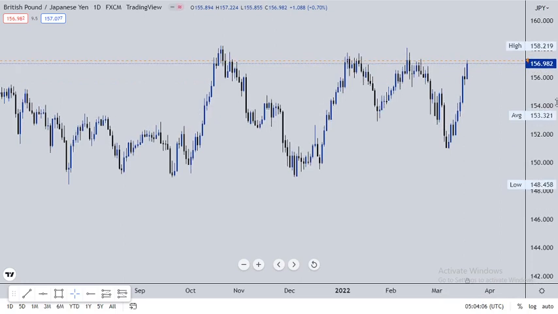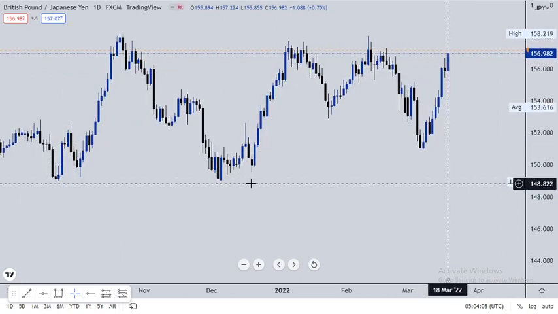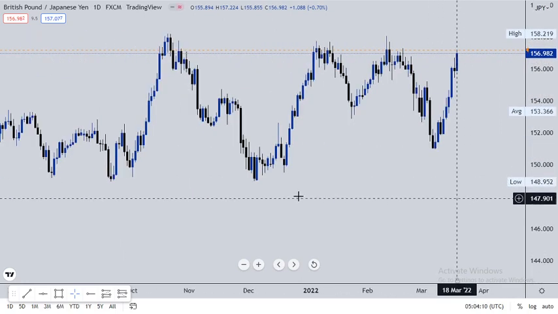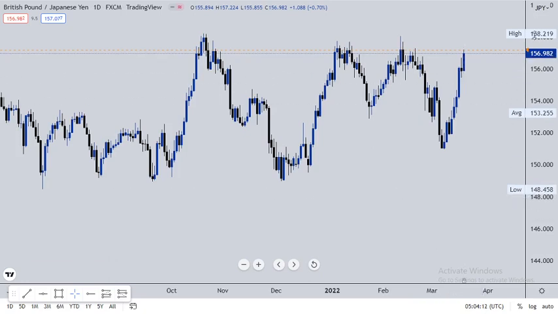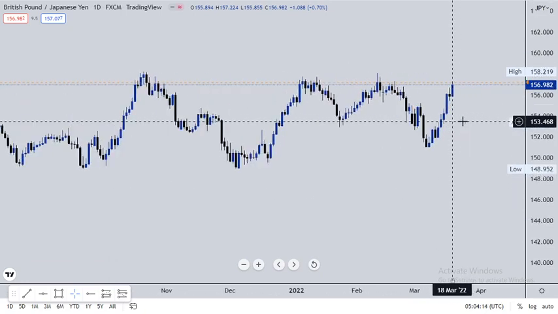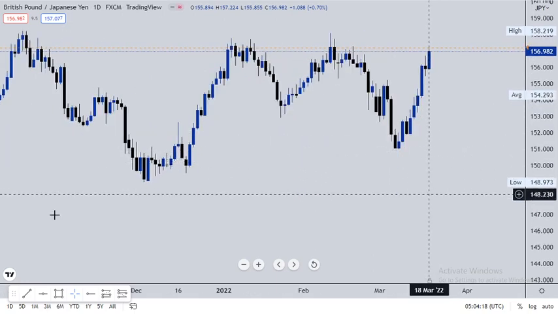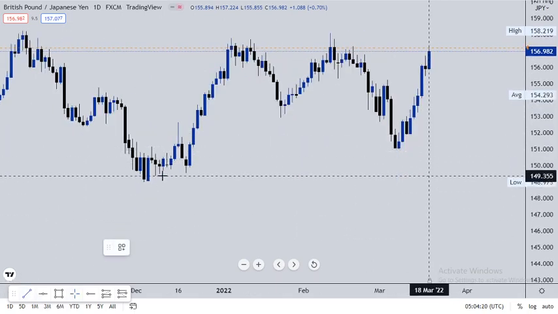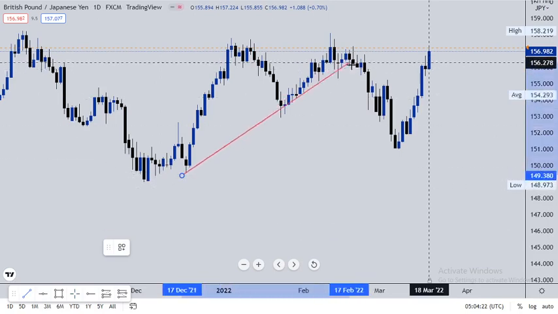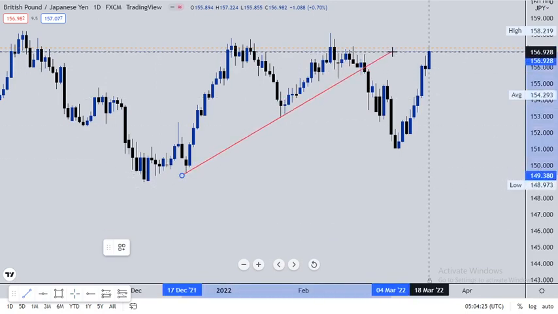So let me drive to the point. Once I open my chart, I will be looking at the daily time frame, especially where I should draw my trend line professionally.